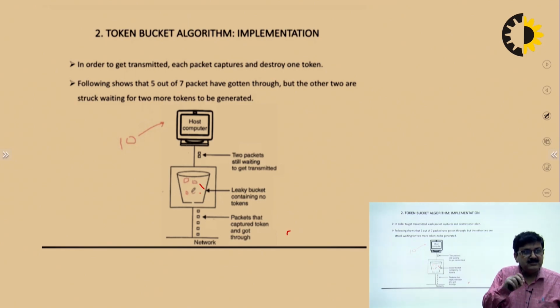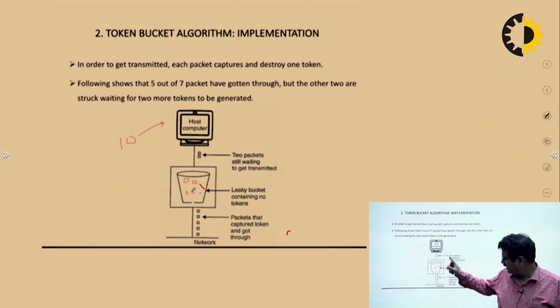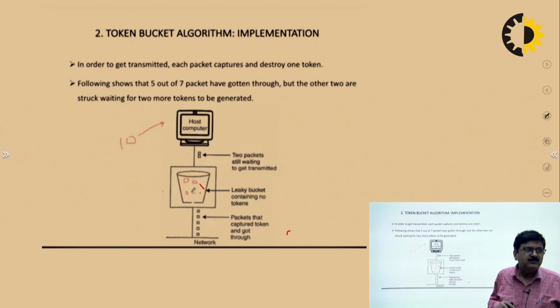In order to be transmitted, each packet captures and destroys 1 token. When the flow goes out, that token is destroyed. So 5 of the 7 packets have gotten through, but the other 2 are left, still stuck waiting for 2 more tokens to be generated.